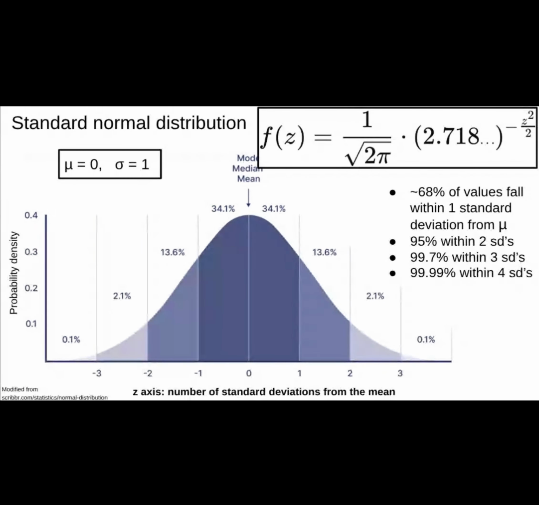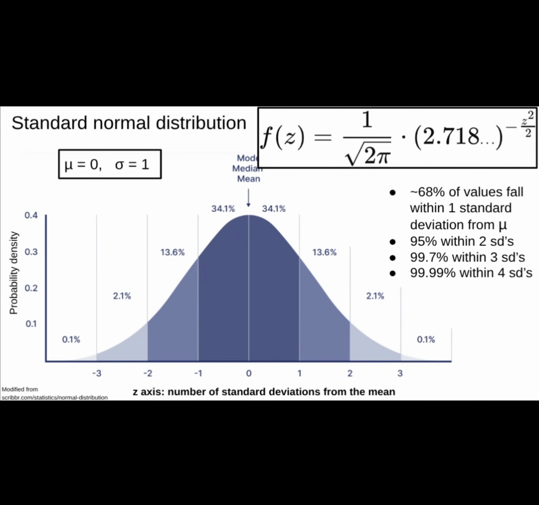For the standard normal distribution, we call the values on the horizontal axis z-values or z-scores instead of x-values. So the values 1 and -1 are 1 standard deviation away from the mean. 1.5 and -1.5 are 1.5 standard deviations away from the mean, and so on.